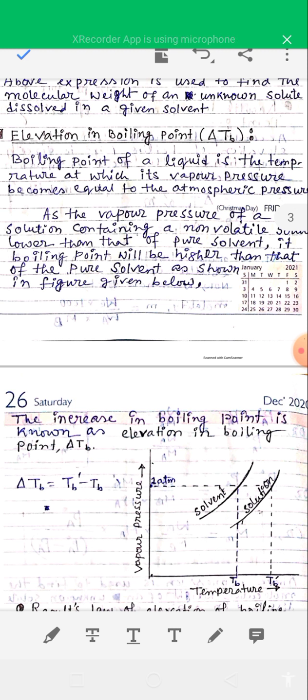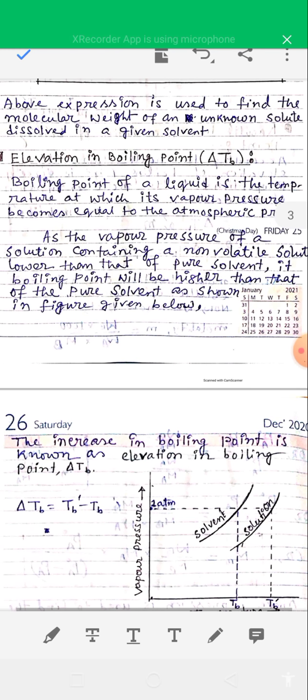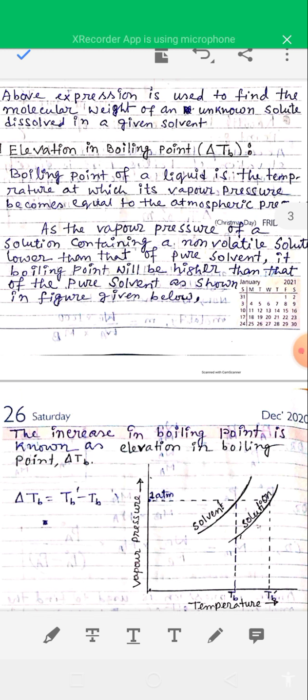Okay, and you know vapor pressure of a solution containing non-volatile solute is always lower than that of pure solvent. As the vapor pressure decreases after forming the solution in which non-volatile solutes are present, the boiling point of the solution will be higher. This is because of lowering of vapor pressure of the solution.